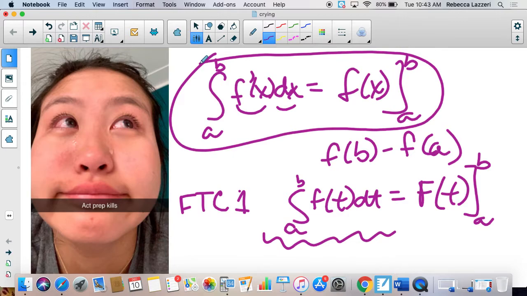So what's so fundamental about that is that when you're able to find the antiderivative, let me start again. I have such a hard time talking to me.